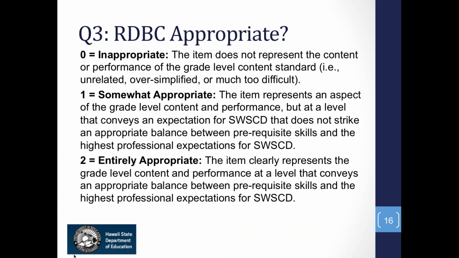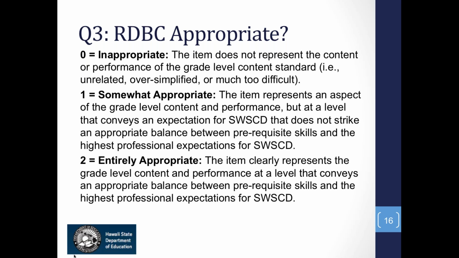The third question asks you to evaluate whether the reduction in depth, breadth, and complexity was appropriate. I talked a little bit about the continuum that you're interested in. A 0 rating means it's inappropriate, means the item has been reduced inappropriately, either not enough or too much, such that it doesn't represent the content, or that it's much too difficult, as you can see in the parenthetical.